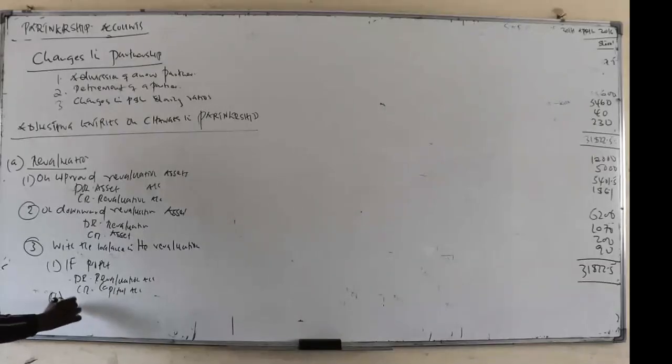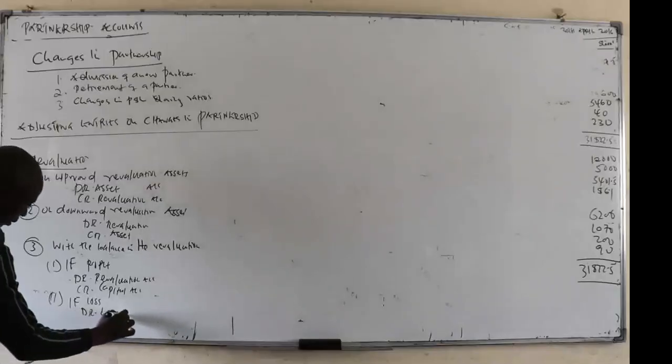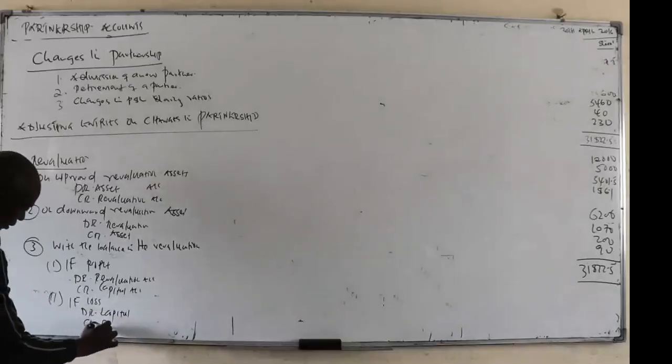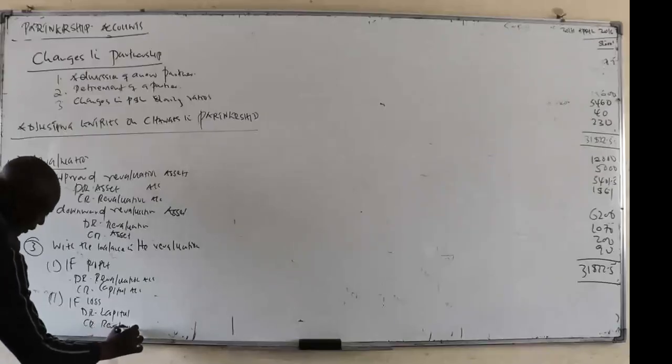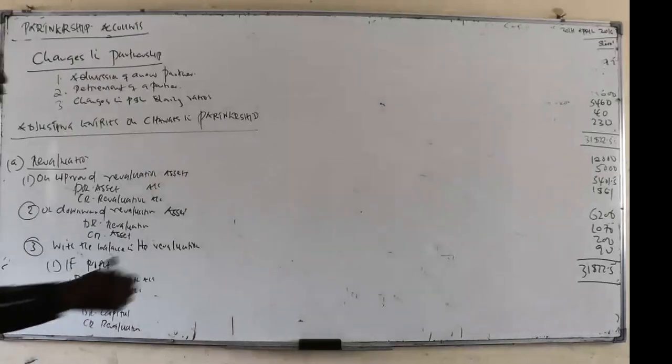Two, if loss, debit capital account and credit revaluation. So that is the first adjustment.